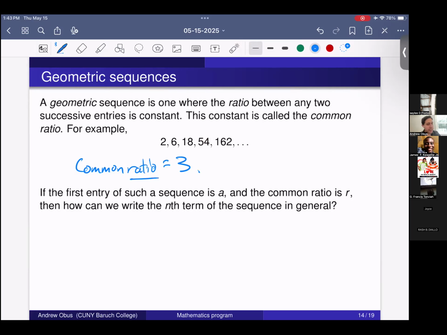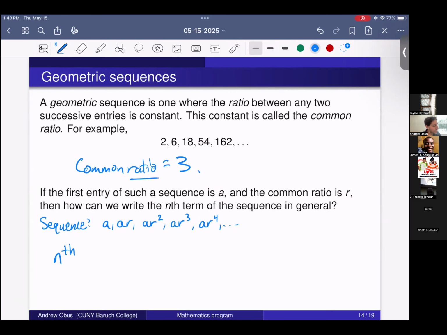And so we have the same idea as for an arithmetic sequence. If the first entry of such a sequence is a and the common ratio is r, then how can we write the nth term of the sequence in general? Well, the sequence is going to start out as a, then ar, then you multiply by r again, so you have ar squared, and then by r again, ar cubed, ar to the fourth, and so on.